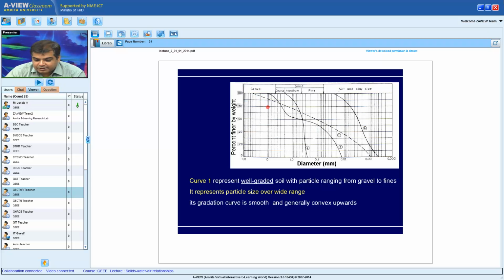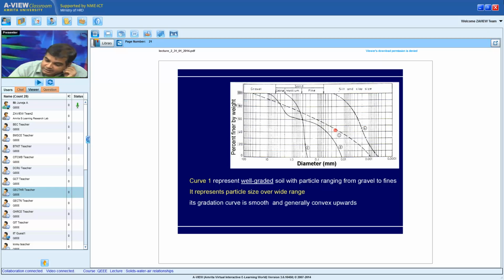Usually this curve has some amount of upward convexity. This first curve is usually called well graded.